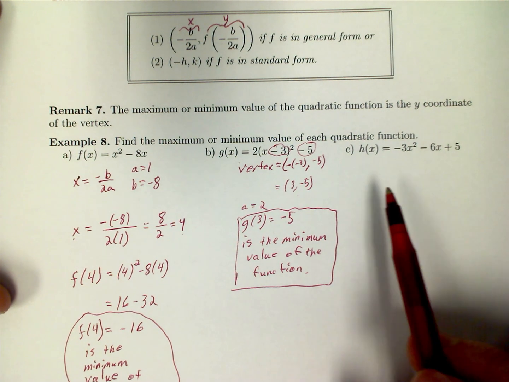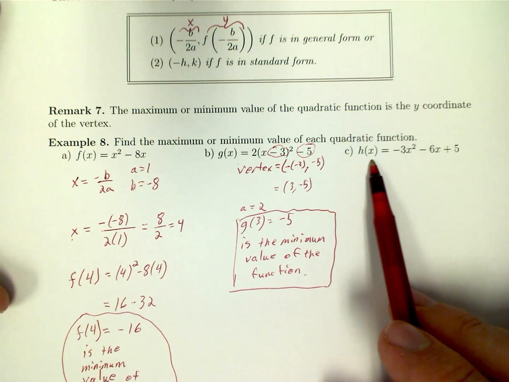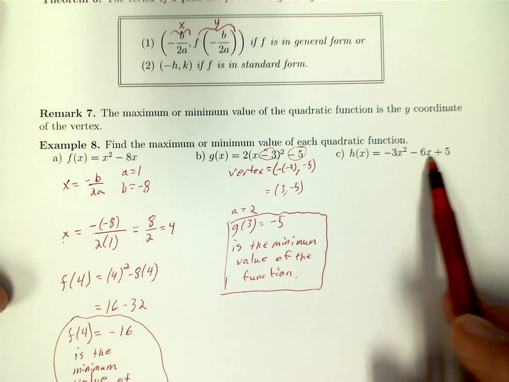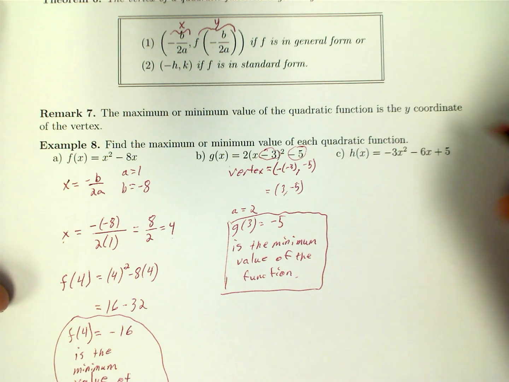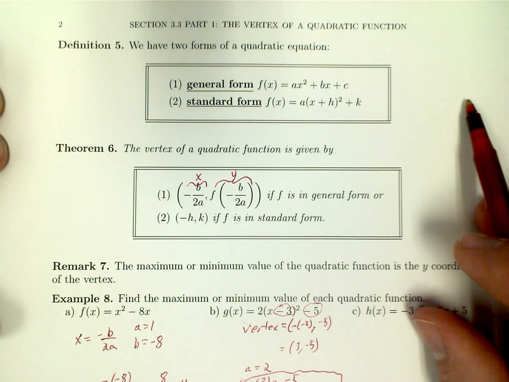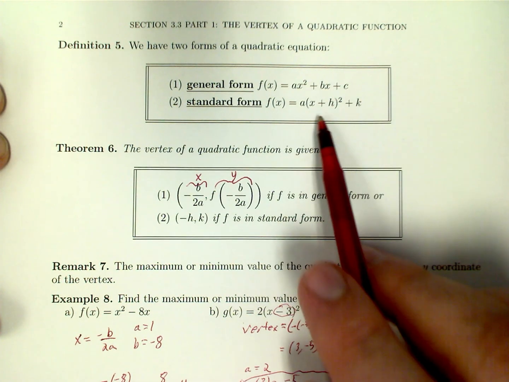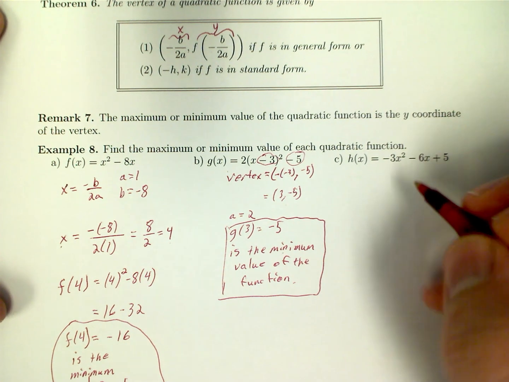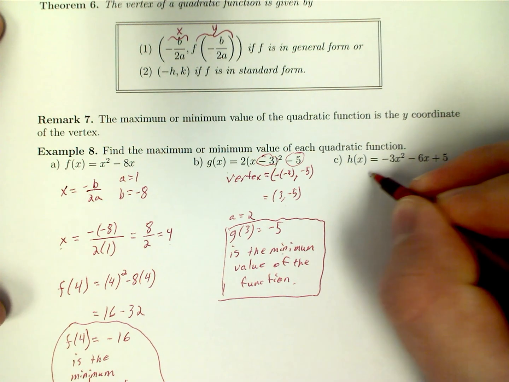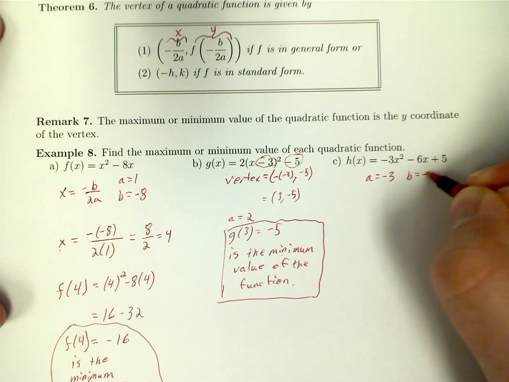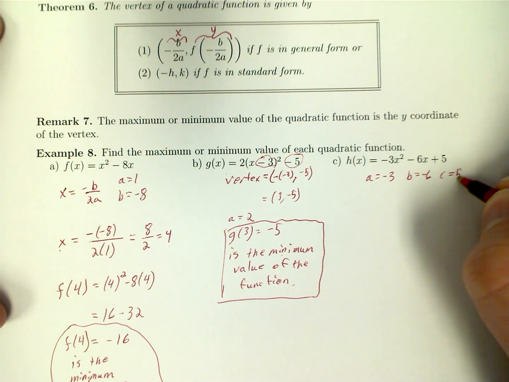All right, so the last one, h of x. We have negative 3x squared minus 6x plus 5. First off, is this in general form or standard form? Well, looks like general form to me, so we don't have that nice thing like we did in B. But what we can do is look at the a, b, and c. a is negative 3, b is negative 6, c is 5.